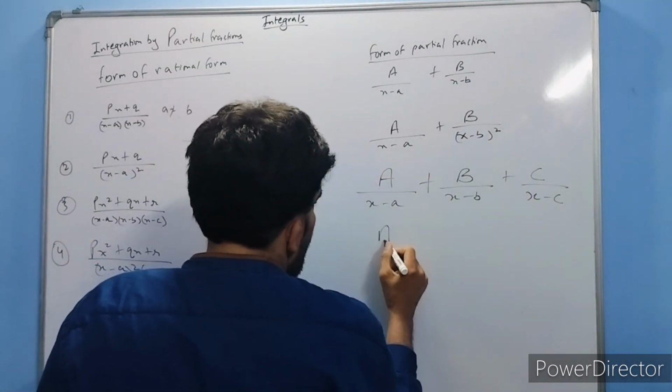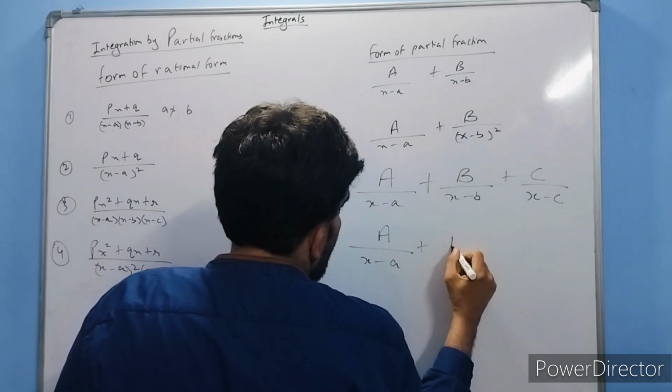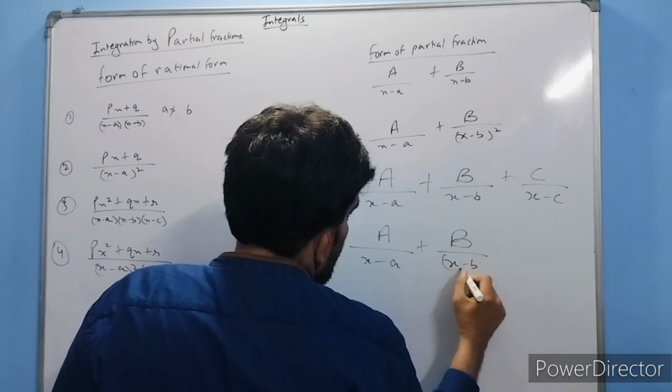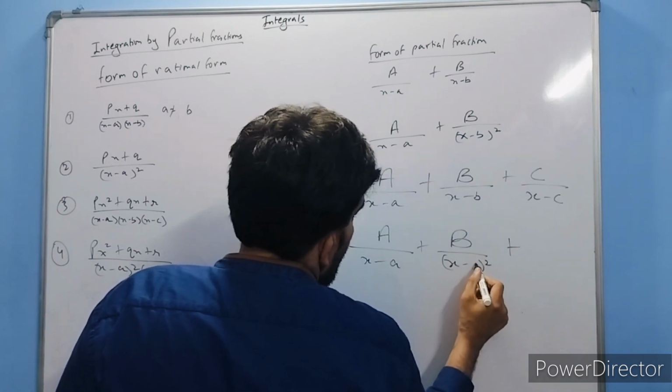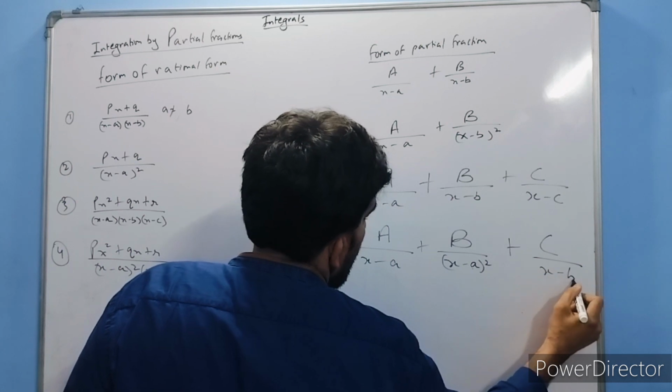It will be A upon x minus a plus B upon x minus a whole square plus C upon x minus b.